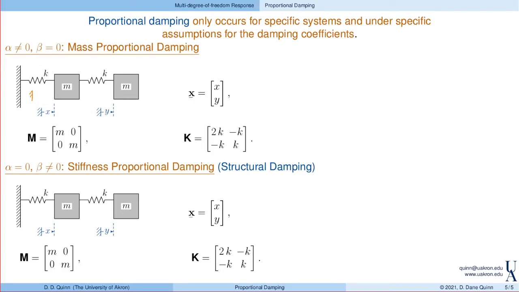Then a mass proportionally damped system would look like the following. Basically, we would have damping between the ground and each mass. And as a result, the damping matrix for this system would be B, 0, 0, B. So we see that this is actually proportional to the mass matrix.